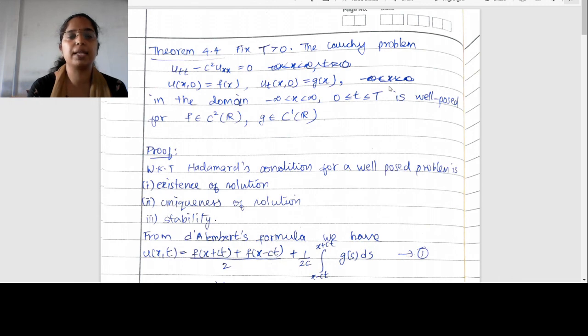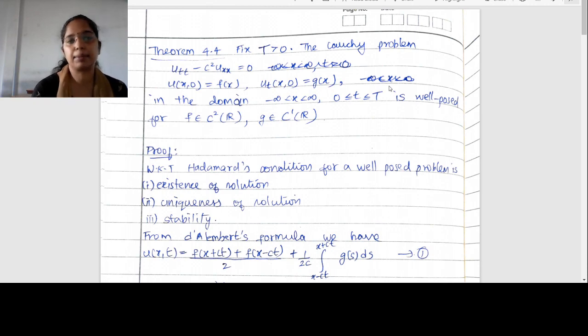In the beginning of the first module, I think we have discussed what we meant by a well-posed problem. A PDE is said to be well-posed if it has a solution, and the solution should be unique. The third condition is the stability condition, which says that the PDE should be stable in the sense that if we make a small change in the initial condition, the solution should also vary slowly.